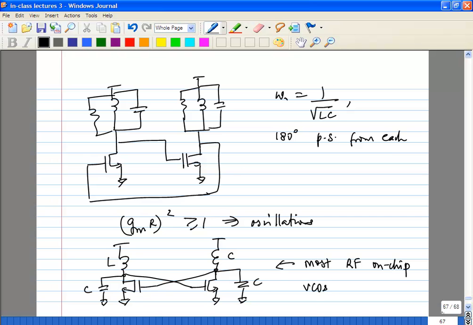This is called the cross coupled oscillator, and you can see why: the two outputs are here and you're cross coupling them back to the MOSFETs. It's by far the most common RF VCO for on-chip applications.